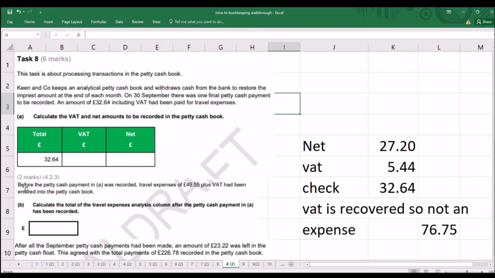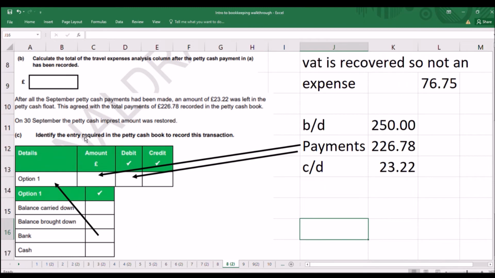Anyway, so before the petty cash payment was recorded, travel expenses of £49.54 plus VAT had been entered into the petty cash book to calculate the total amount of travel expenses. Because we're recovering the VAT, it would be the £27.20 plus the £49.55 in here, and so that one's £76.75. The VAT is recoverable, so it's not an expense.